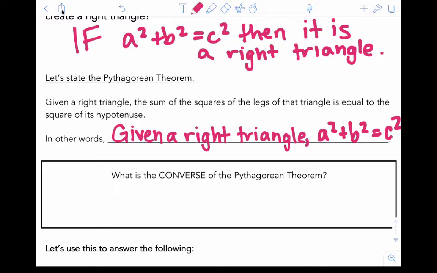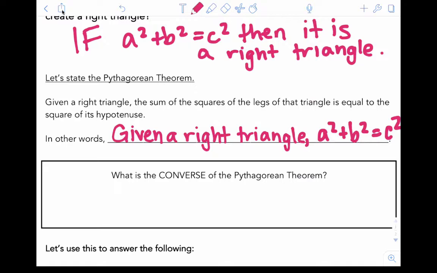So what's the converse of the Pythagorean theorem? In order to know that, we need to figure out what the converse of something is. That's like taking it and making it backwards, saying the last thing first and the first thing last.